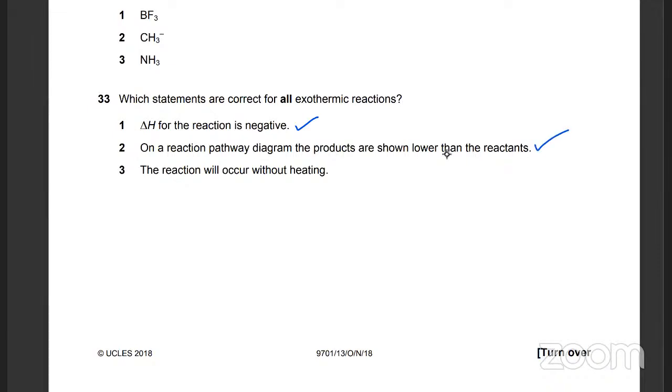What about C, the reaction will occur without heating? No, I say it's not going to be correct because you have activation energy. Like when you want to burn something, that's an exothermic reaction, but that requires heating.